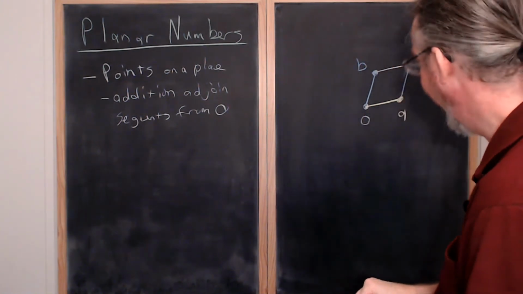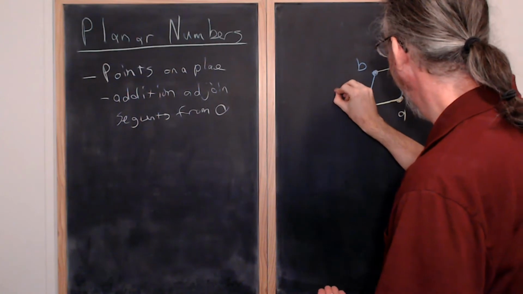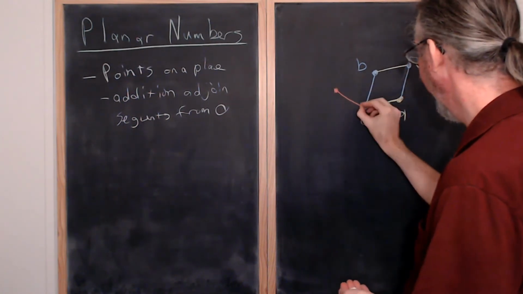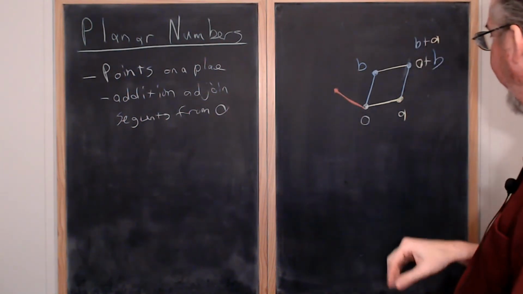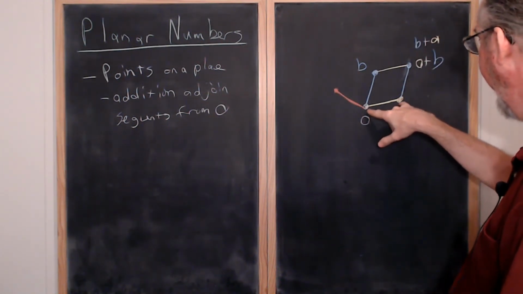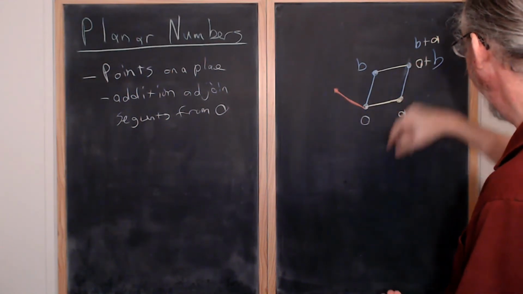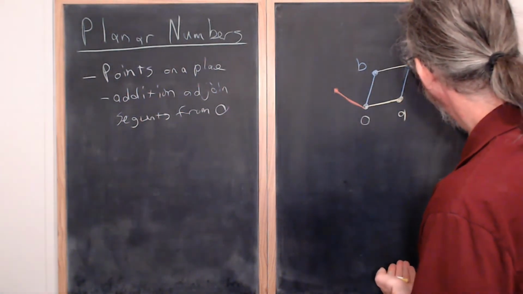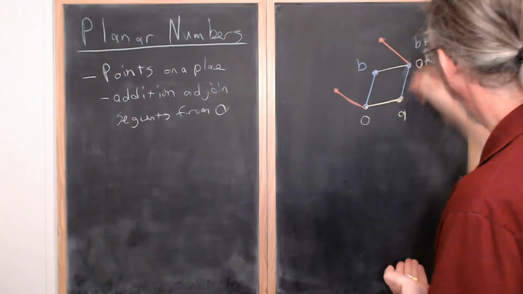And in fact, if I had a C point, let's say that I have C over here, well then that's a segment that adjoins C. So if I take my A plus B, and then add C, that gets me to there.